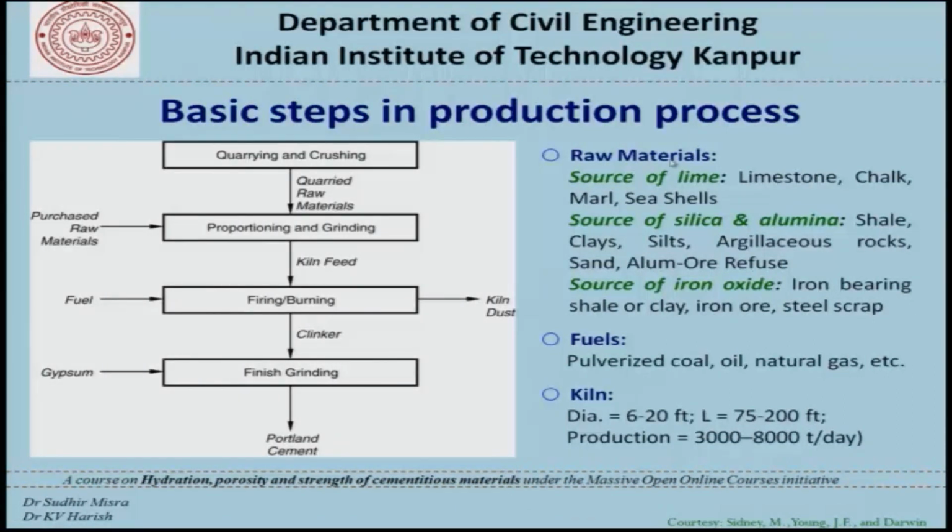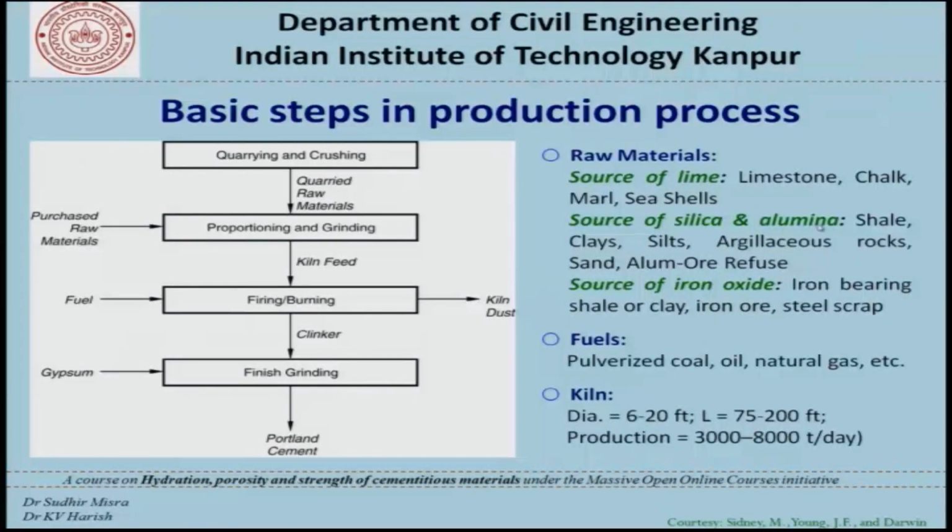So, the raw materials in the Portland cement could be from sources such as lime, silica and alumina and iron oxides. Sources of lime may be limestone, chalk, marl, seashells etc. Most popularly known source of lime is limestone.